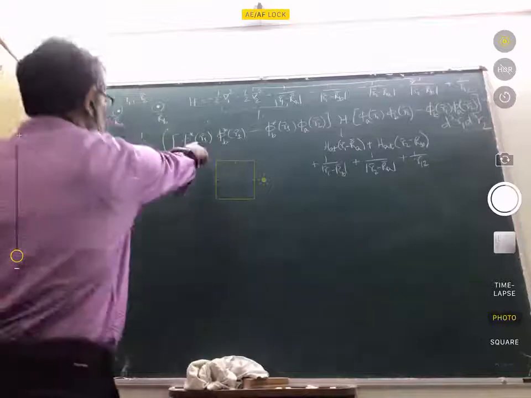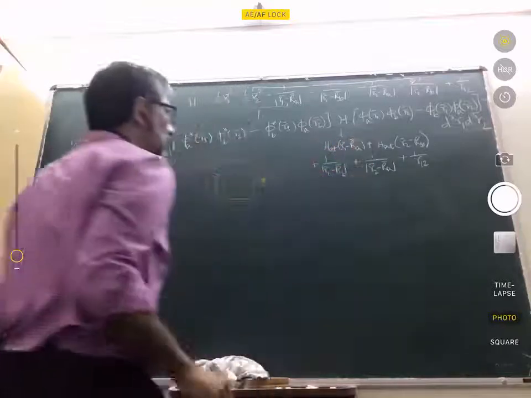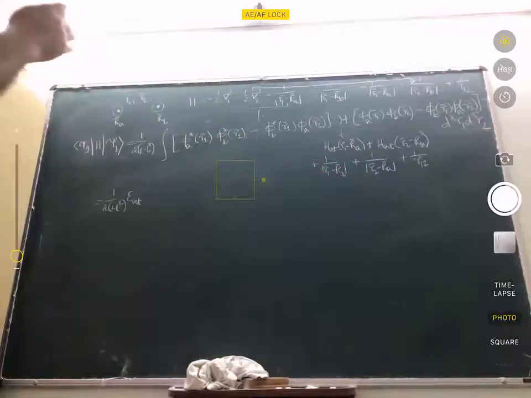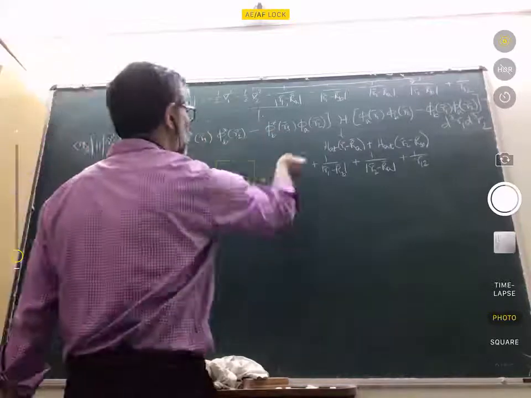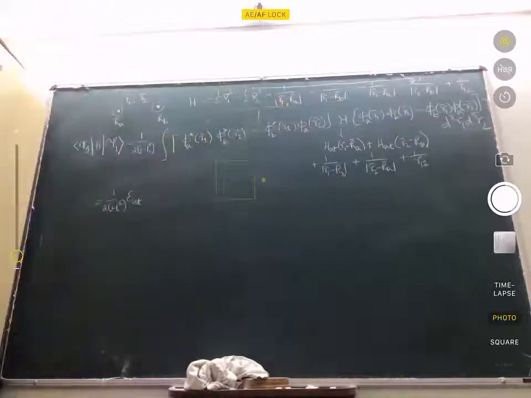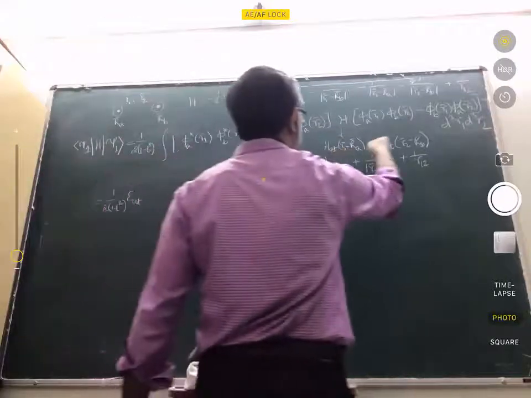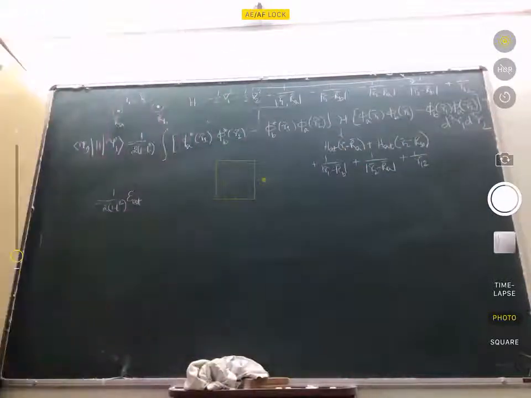And then because these wave functions are not orthogonal, but they're normalized, each one of them is normalized, that integration will give me 1, both the integrations. So I get that as the first term. So these two are sort of taken care of.